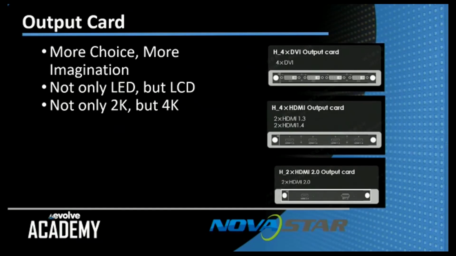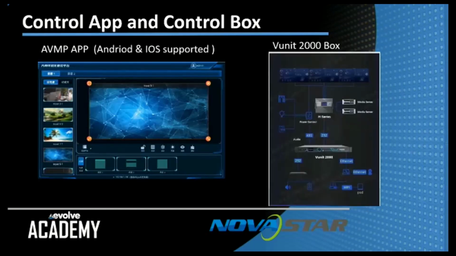The output cards, so screen outputs, being able to drive actual displays from the same integrated chassis that you're driving the LED from, all with the same singular web interface. The control app is on the left, so they're working on Android and iOS.